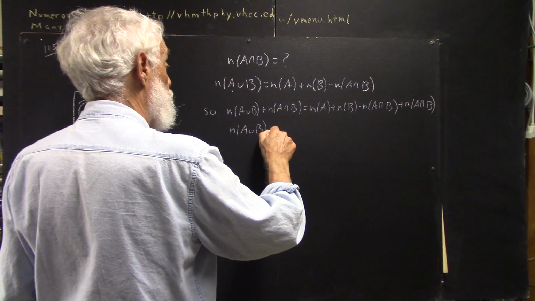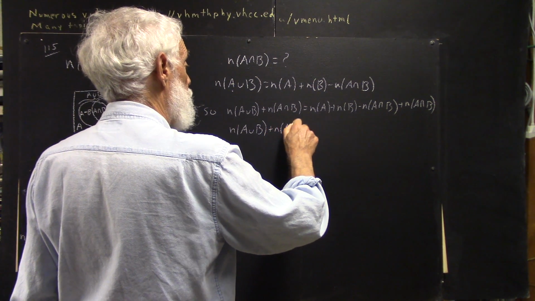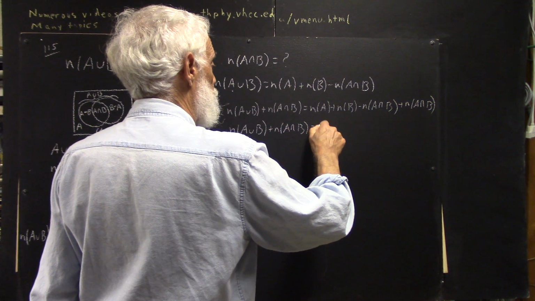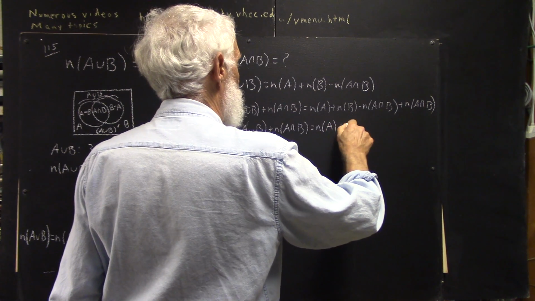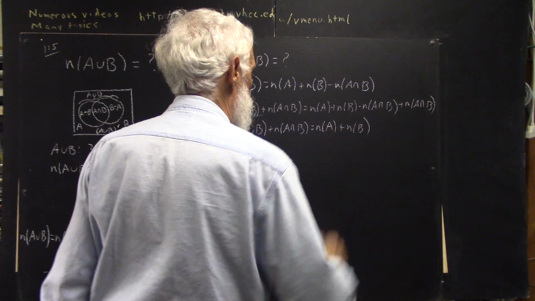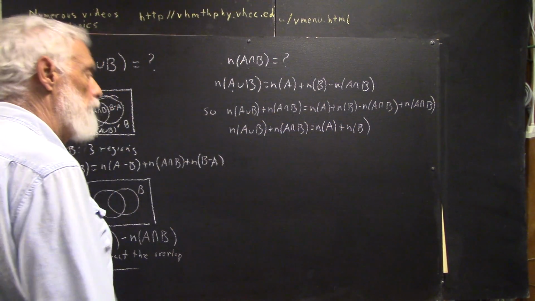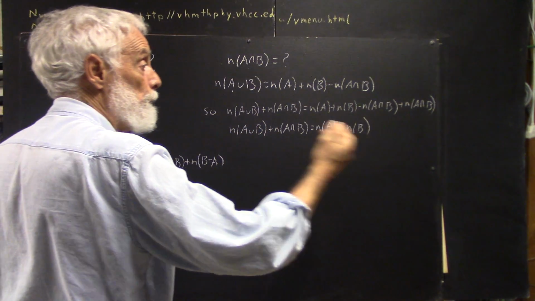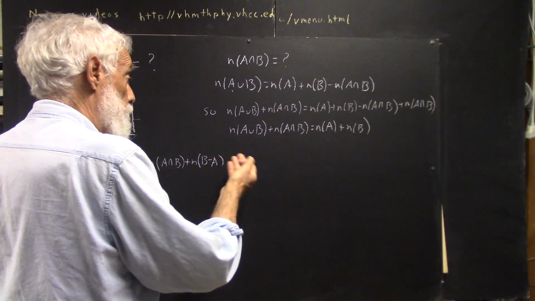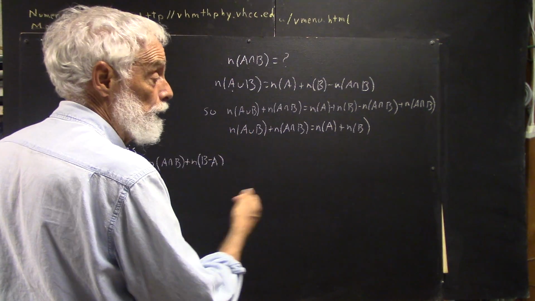So we get n of A union B plus n of A intersection B equals n of A plus n of B. And then what do we do? Well, let's just subtract A union B from both sides, because if we do, A union B minus A union B is 0.